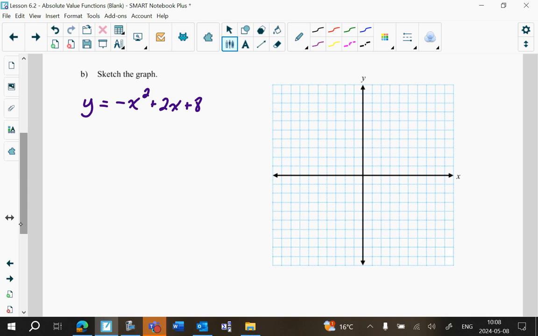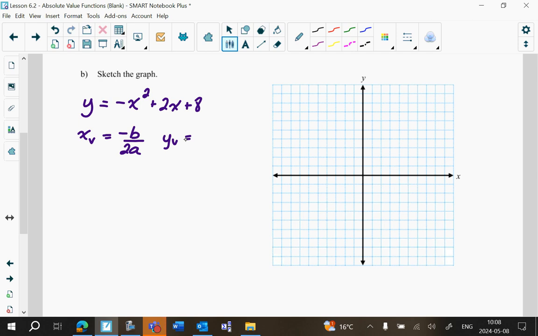The vertex. Do you remember how to find the vertex of these? xv equals -b over 2a. And then yv, we just plug xv back in and calculate.